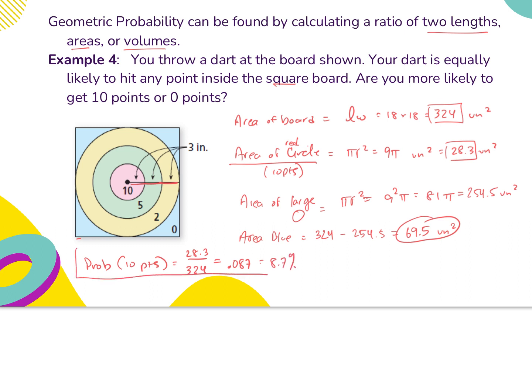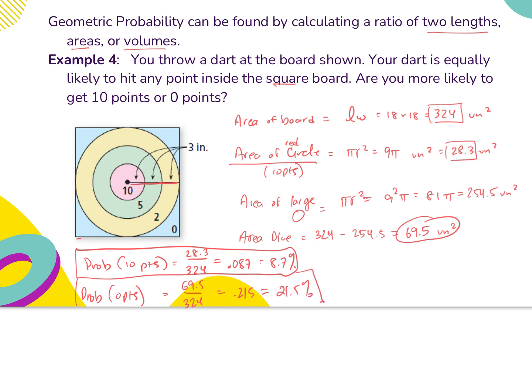So the probability of 10 points is that. The probability of 0 points is, again, going to be the area of the blue, which we calculated was 69.5 over 324, which is 0.215 or approximately 21.5%.